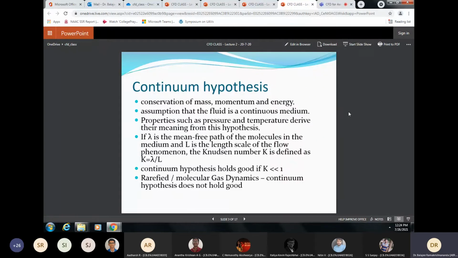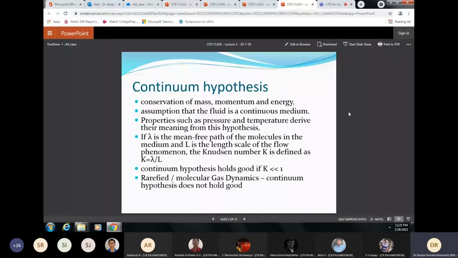One interesting thing here is, I was telling you about the flow through a shock layer. What happens inside the shock? There are studies there. The shock thickness is a few angstroms, maximum a few microns. The length scale of this problem is the shock thickness.